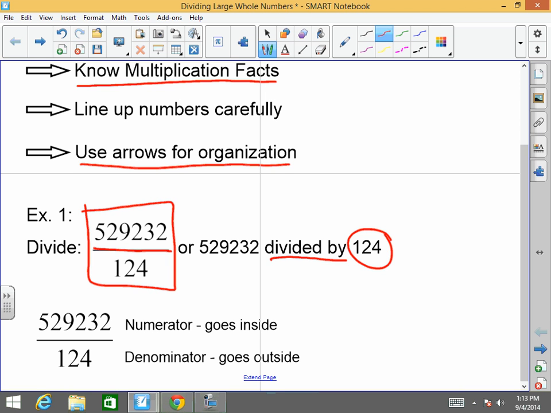The number after the word by, or the number in the denominator, always goes on the outside. The numerator, the top number, goes on the inside.